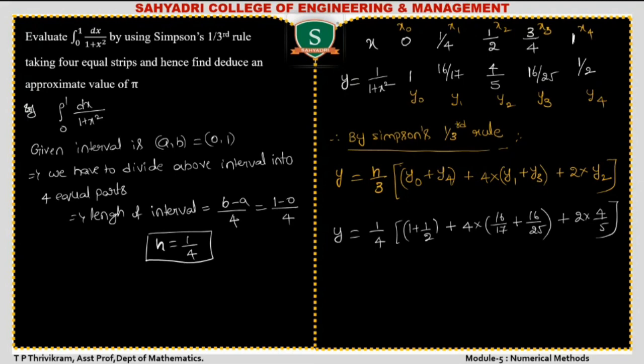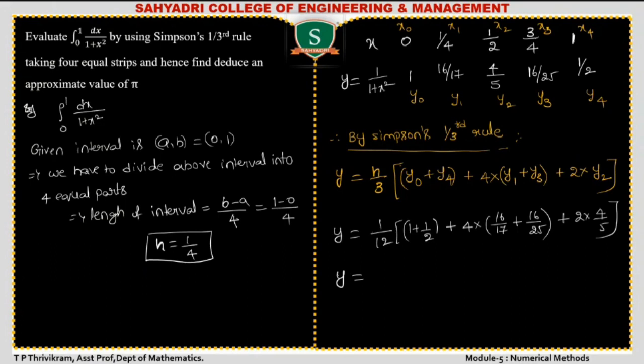Let's calculate this. How much you'll get? Sir, it's 1 by 12. H by 3, yes, 1 by 12. 4 into 3, it is 12.